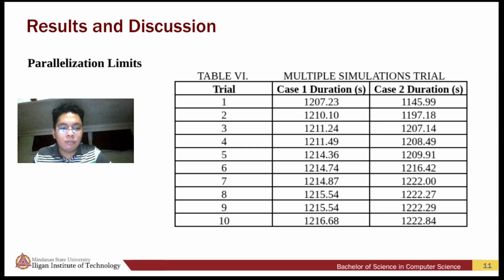The first one has 16 processes running at the same time, or 16 times 10, so 160 processes running at the same time. So they have similar run times for each simulation, while case 2 has variable processes from 17 to 116.